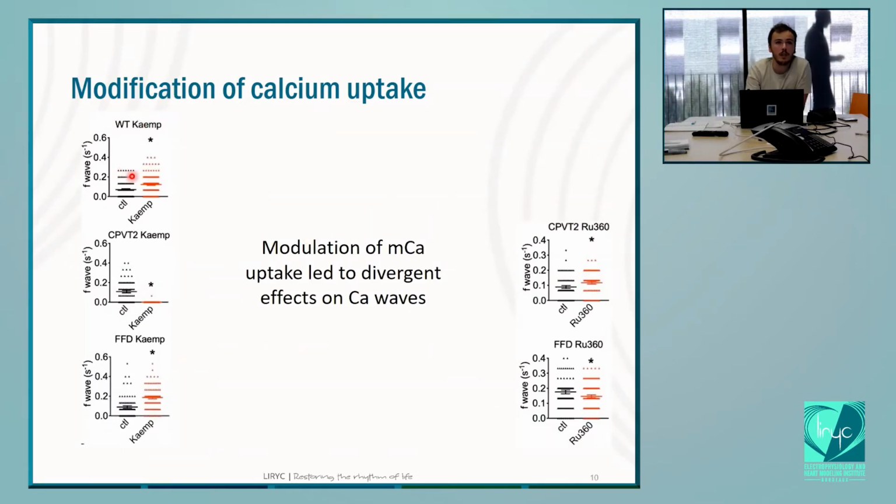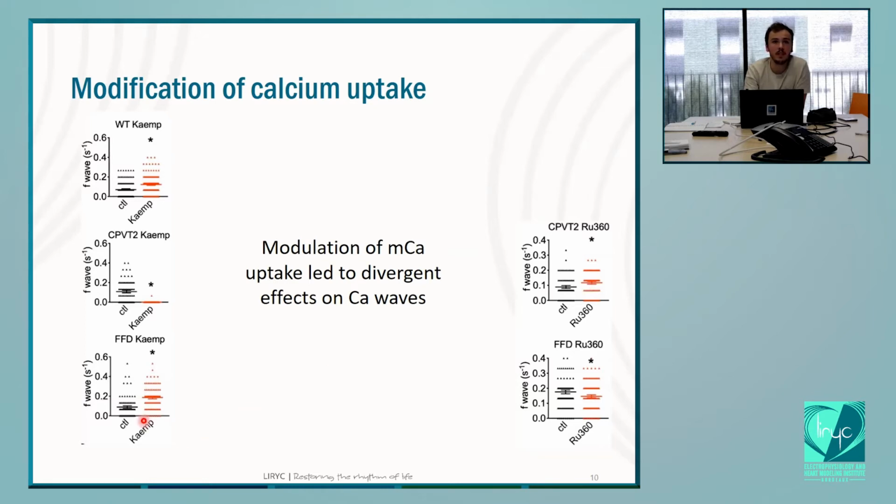Here you have the wild type, the CPVT2, and the FFD, and they look at the frequency of the calcium waves in control and with kaempferol, and in control and with ruthenium 360. They see that in the CPVT2, activation of the MCU decreased the frequency of the waves, and when they inhibit the MCU, it increases the frequency of the waves.